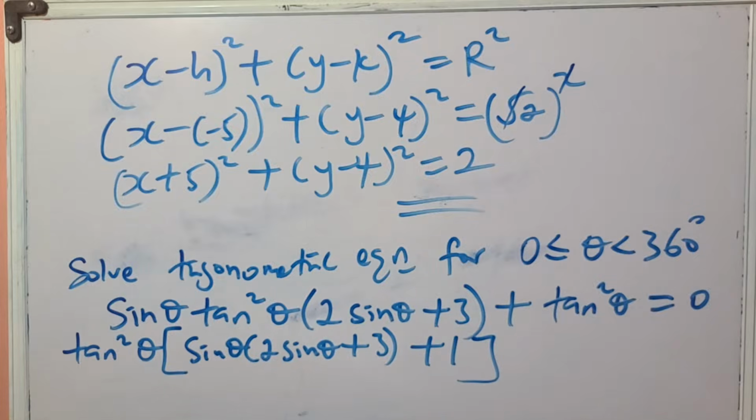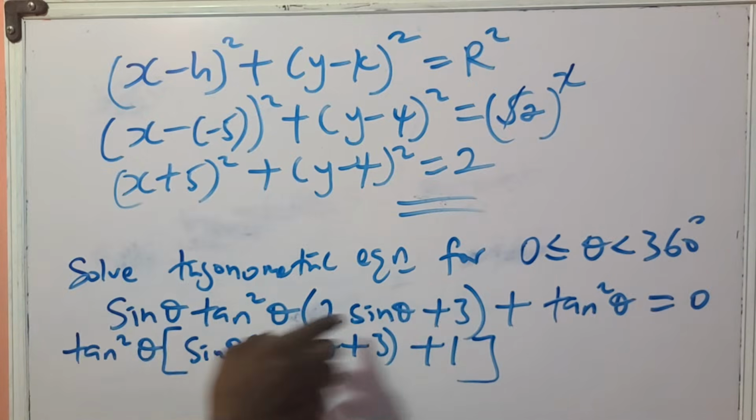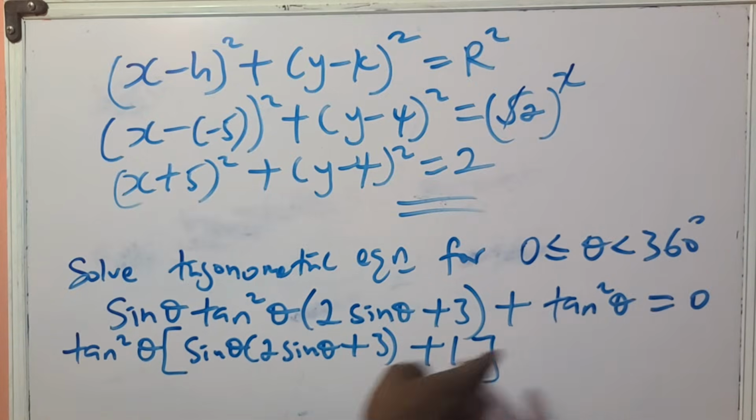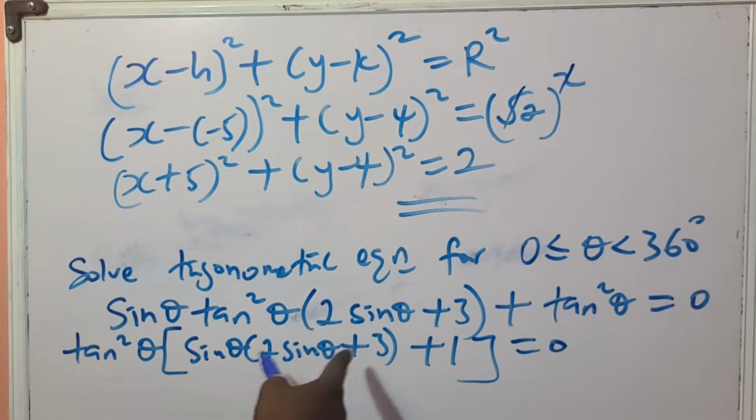This is perfect factorization. We just factorized tan square theta out and we're having sine theta and this from this side, and then from this side, we're having 1 left, equals 0. All right. So the next thing you want to do is to open the bracket we have within, because this is the next thing you can do very easily.